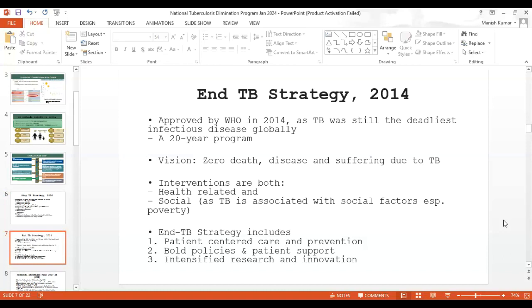This is basically a 20-year program. So basically, they are thinking in terms of reducing mortality and morbidity because of TB to zero.